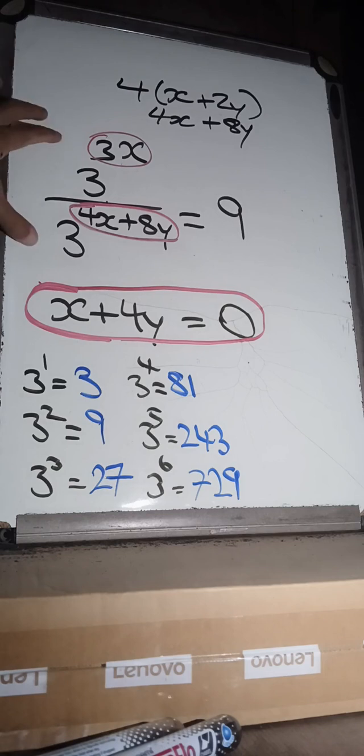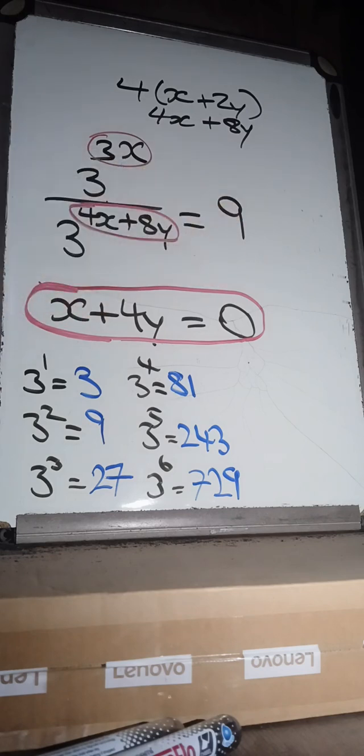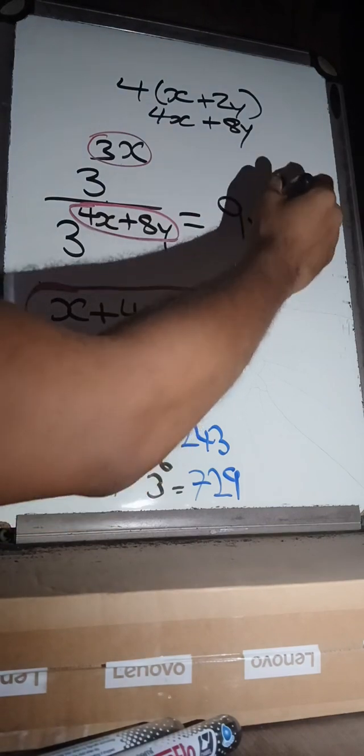This is a fraction. So I'm going to have to multiply both sides by 3 raised to this number so that I can end up with this being multiplied by that, or cross multiply.